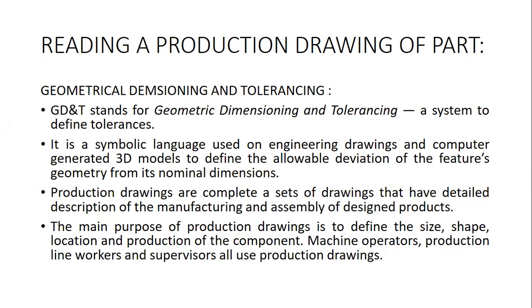The production drawing is nothing but the complete set of drawings that have a detailed description of the manufacturing process as well as the importance of assembly of various designed products. The main purpose of production drawing is to define the size, shape, location, as well as the production of the component. This will be a guidance for the machine operator, even line worker and supervisor.